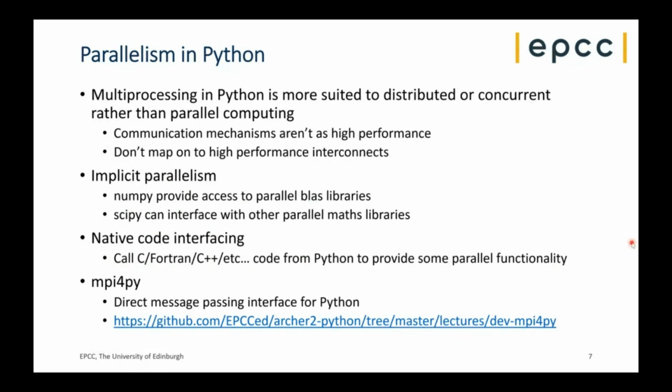So you effectively use Python as a language which is calling functionality from other languages. And then there is also mpi4py, a direct implementation of the message passing library, which you can use to do direct message passing inside Python. So those are all parallel Python options.